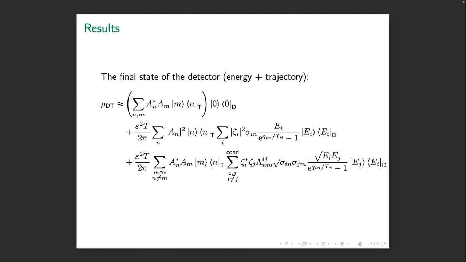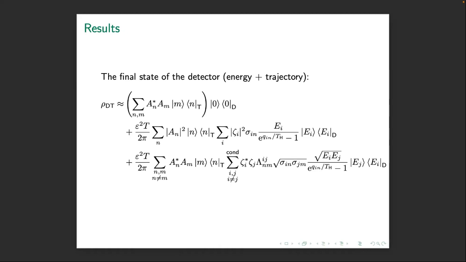The second thing is the sum over the diagonal terms, which corresponds to the Hawking radiation effect for each trajectory separately, combined in an incoherent way. When we consider a single trajectory, this will reproduce the standard Hawking radiation effect.